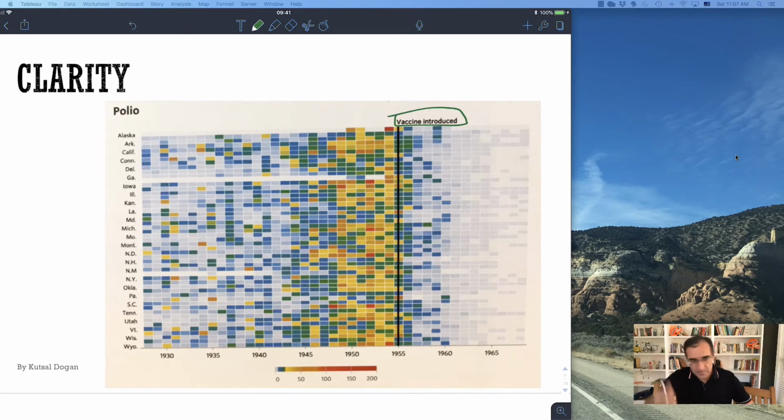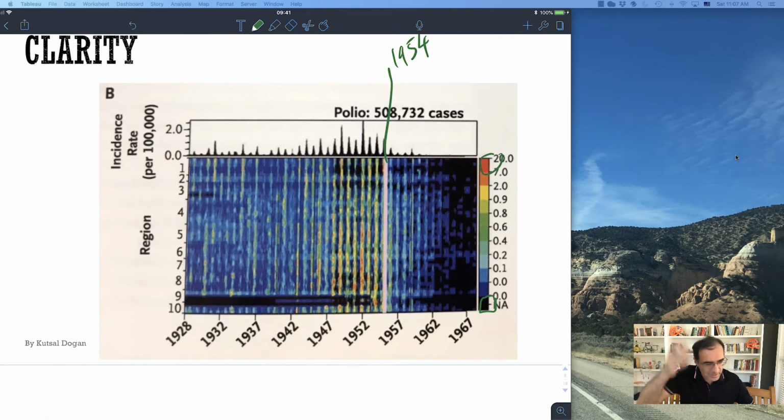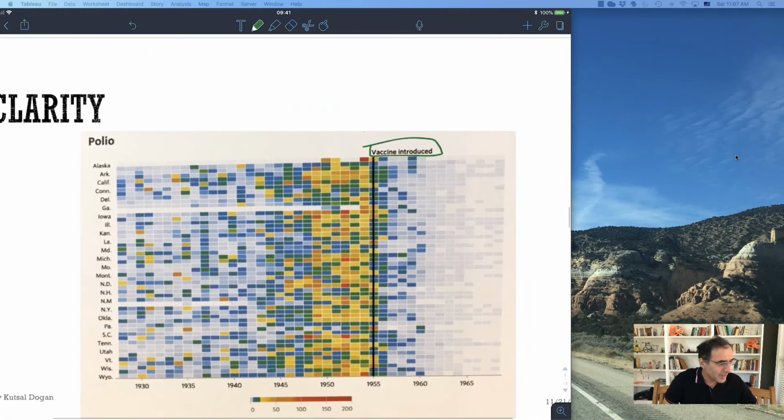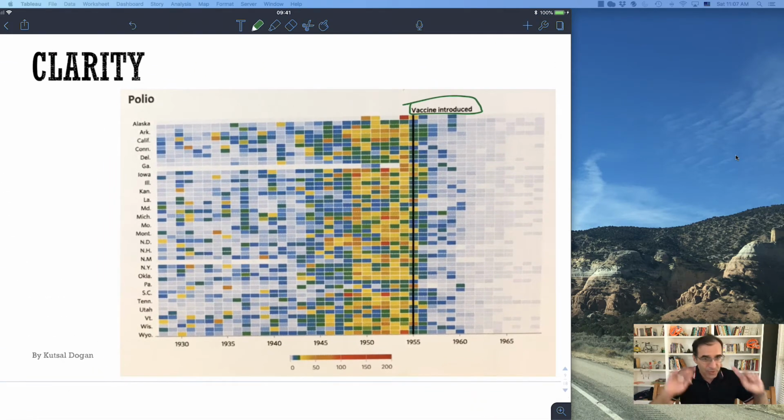In the previous chart, there was this pink line, but it wasn't clear what it was. You had to read the text inside the paper to understand what that line meant. But here you immediately say, okay, this is when the vaccine was introduced. Look at the cases. The color scale is a bit different, but red means heavy, and gray means it's non-existent.